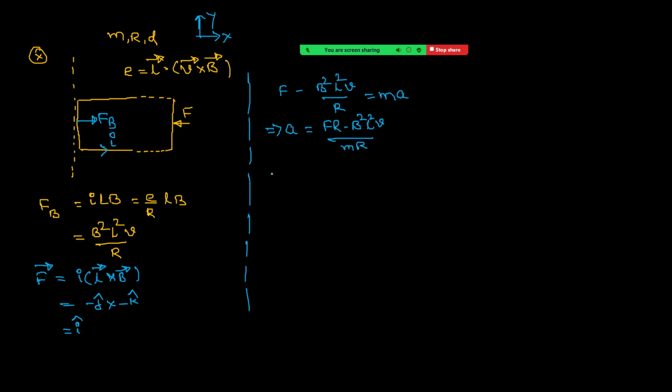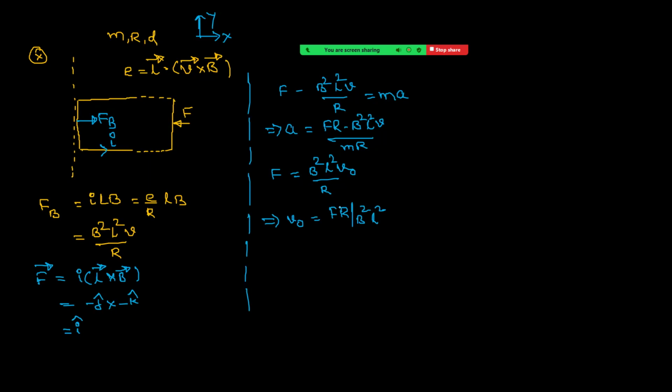Then F is balanced by B square L square V naught upon R. Condition is net force equal to 0. From that, V naught equal to F R upon B square L square. Okay. Next.